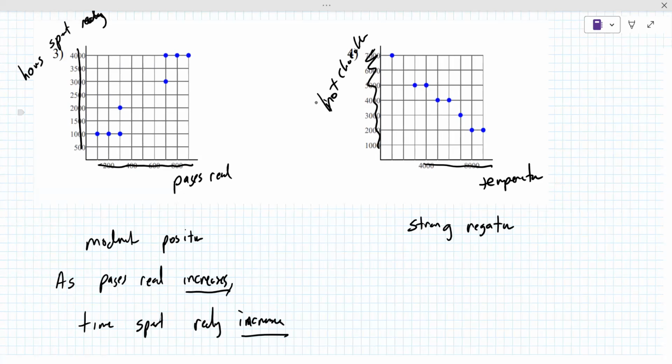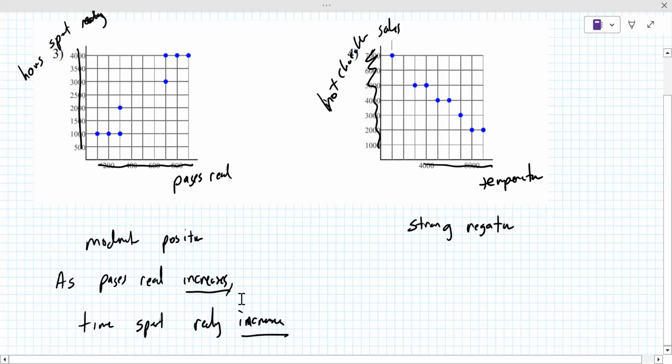Yes, it's kind of the traditional one. So how would you describe hot chocolate sales and temperature in terms of increases, decreases, based on what you've got over here on the left? So as the temperature decreases, the sales in hot chocolate decrease.